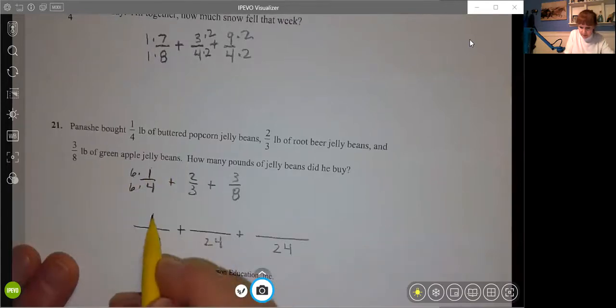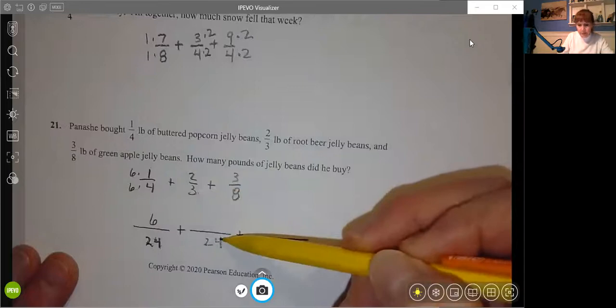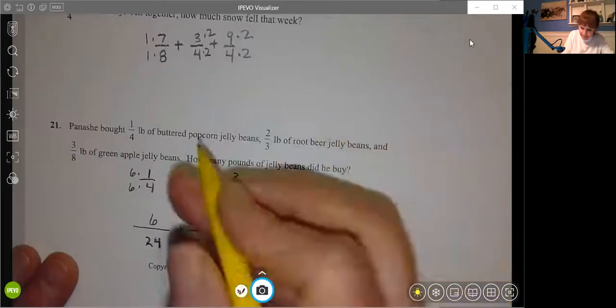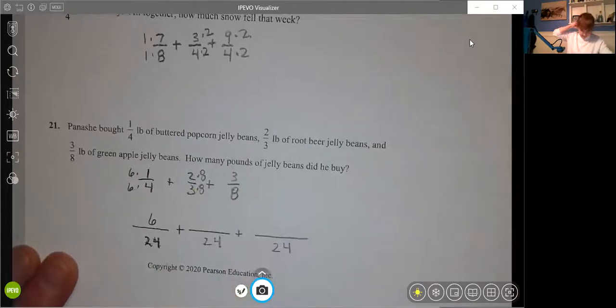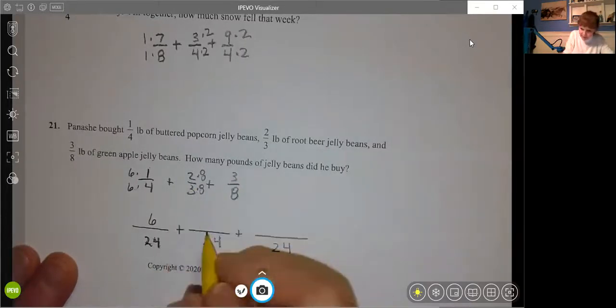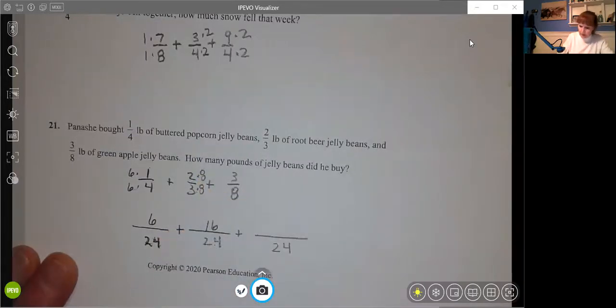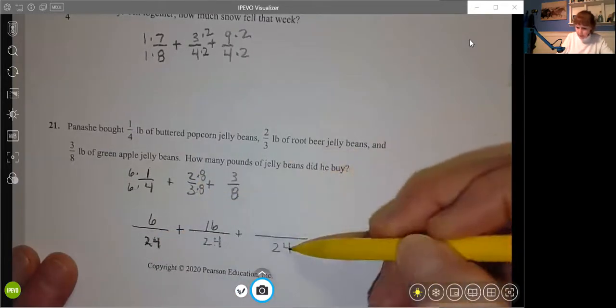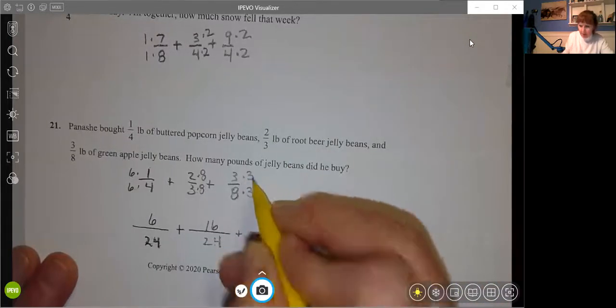To go from 3 to 24, you multiply by 8. So we're going to multiply by 8/8. That gives you 16/24. And then to go from 8 to 24, you multiply by 3. So we'll multiply by 3/3.